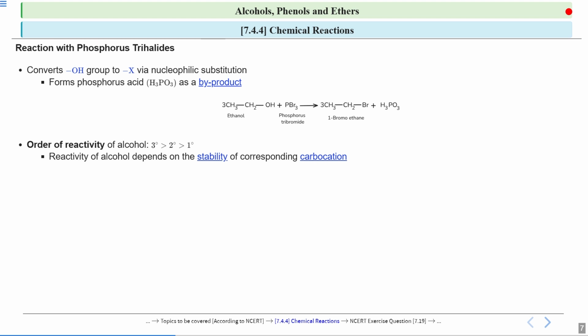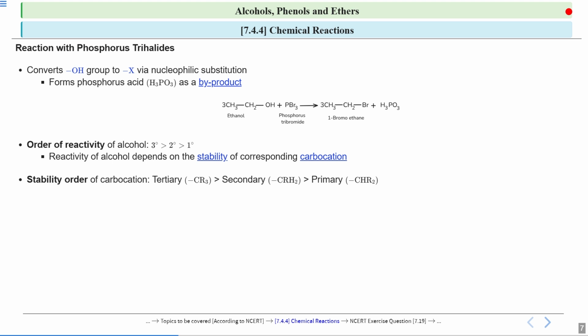So the reactivity of alcohol depends upon the stability of carbocation, and we discussed that tertiary carbocation is more stable, then comes the secondary, and primary is the least stable, because in tertiary there are 3 alkyl groups. These 3 alkyl groups donate electron density to that carbon, because they are electron donating groups.